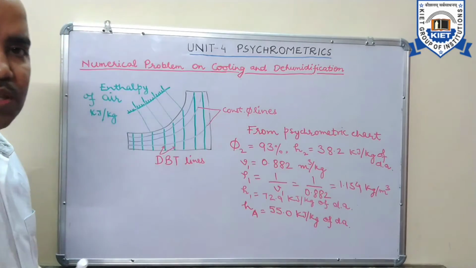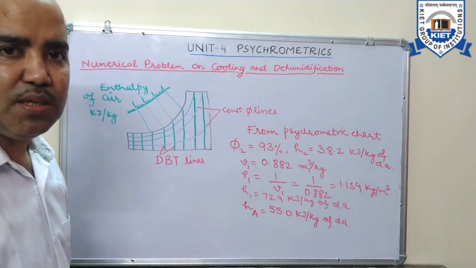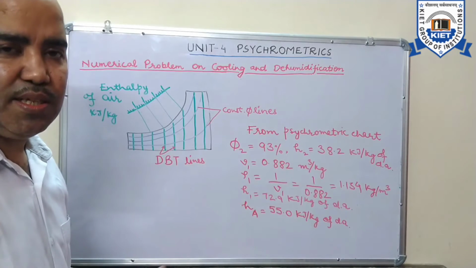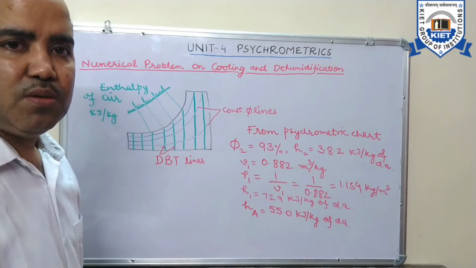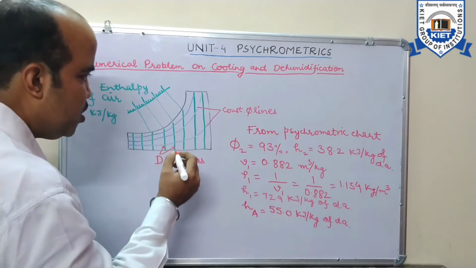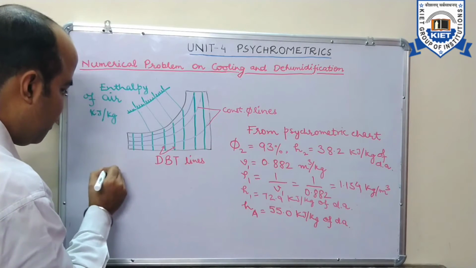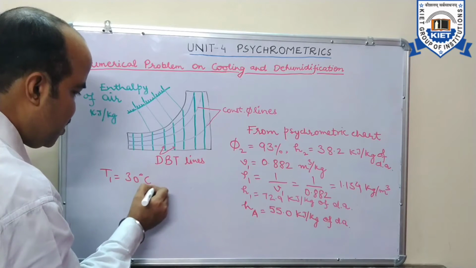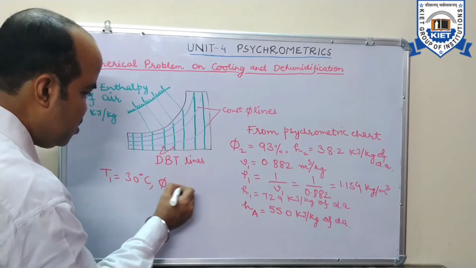So first you have to locate a point on this psychrometric chart and note the values from it. Remember, point number 1 was T1 equal to 30 degrees Celsius and phi 1 equal to 60%.